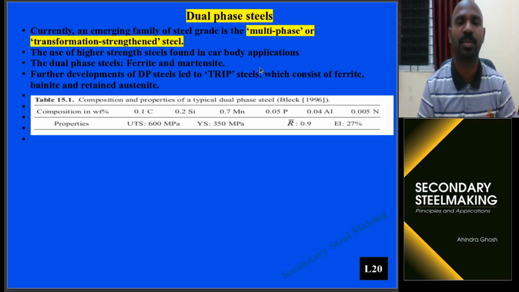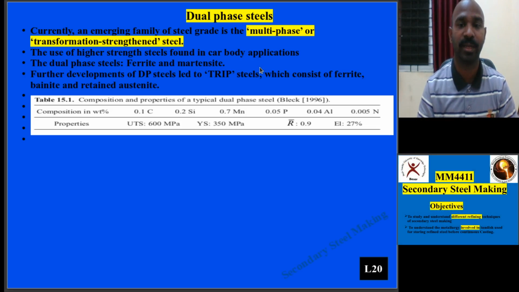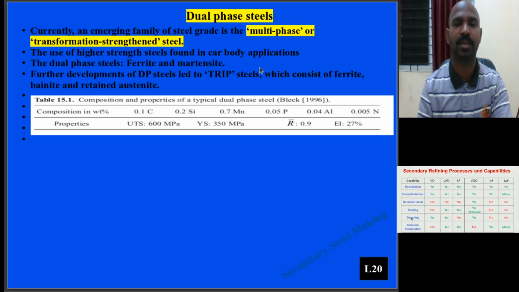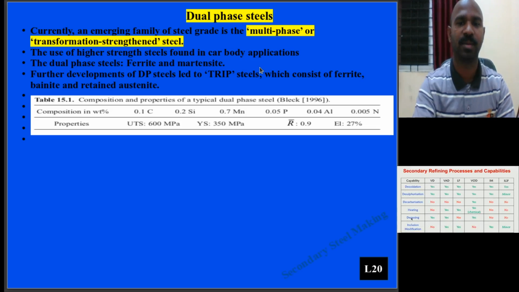And another category of the steel, further it is developed, the DP steel is into TRIP steel, which is transformation induced plasticity. What is the transformation is nothing but phase transformation. Ferrite is from the gamma plus ferrite phase, which was above eutectic temperature.